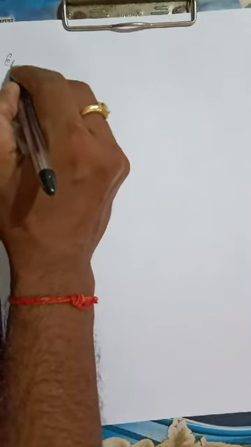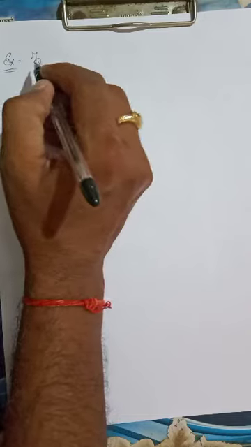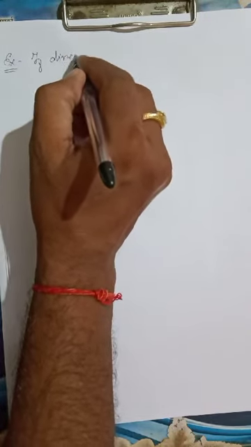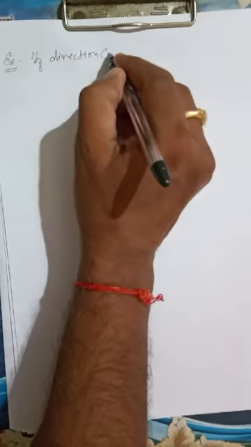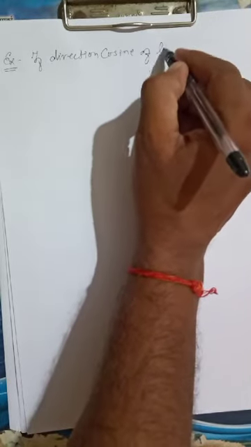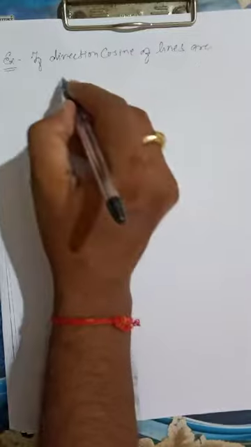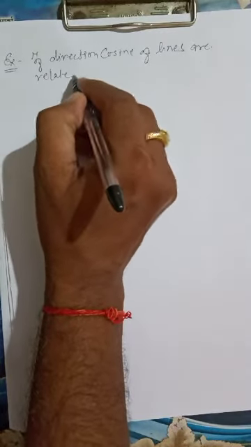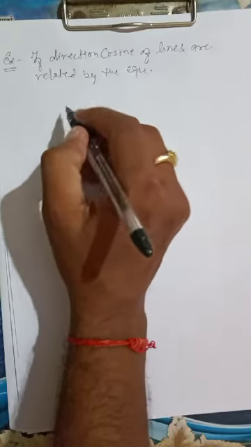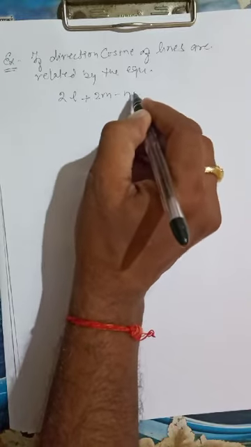Another example is, if direction cosine of lines are related by the equation 2L plus 2M minus N is equal to 0.